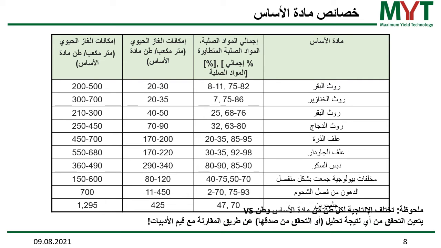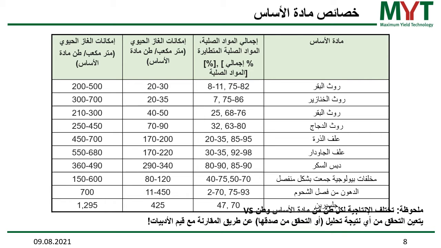So in case you have a literature value or a standard value for a specific substrate, let's say organic waste or manure, and you have a total solid, volatile solid content in your specific case, you can, as a first approach, estimate the gas potential of your substrate.